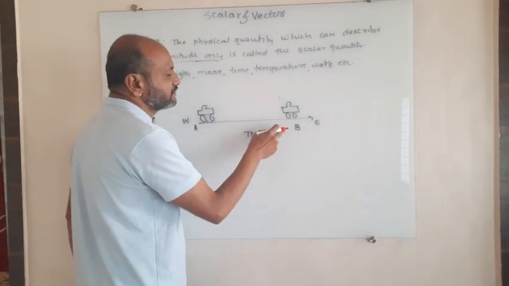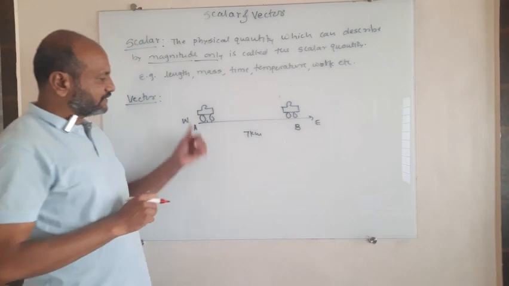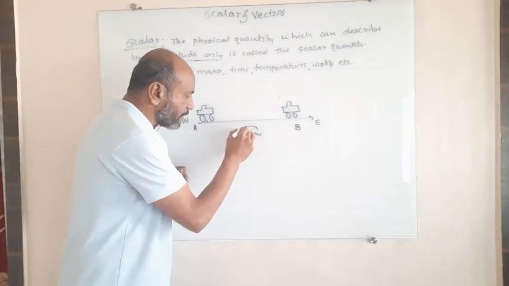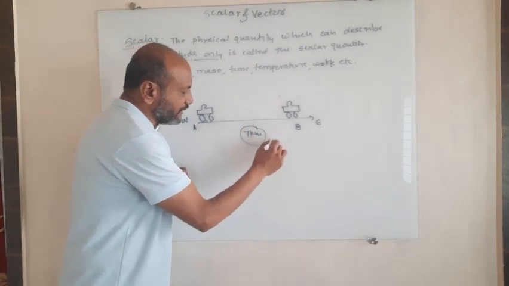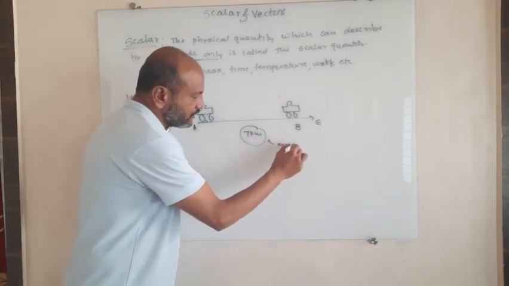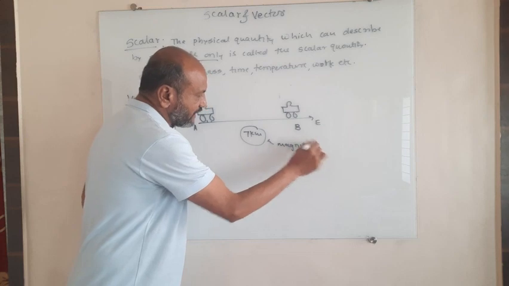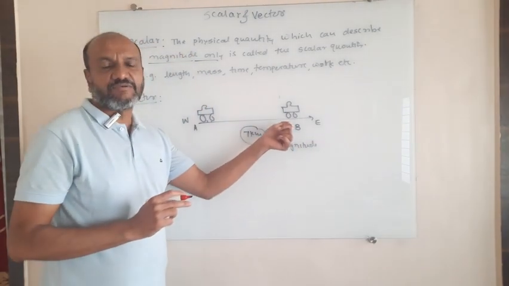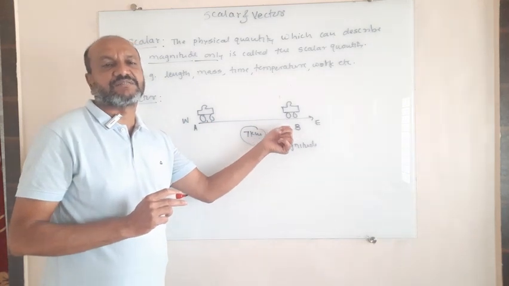This explains the displacement. That is, to explain the displacement, magnitude is necessary, 7 kilometer is the magnitude, as well as its direction from west to east, and therefore it is sufficient to explain the displacement.